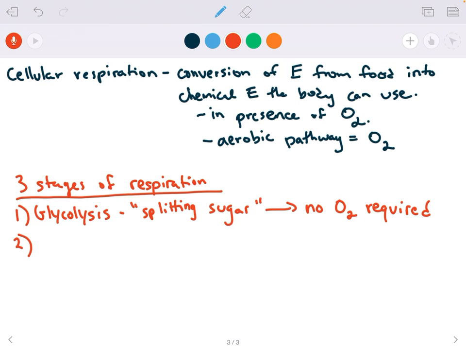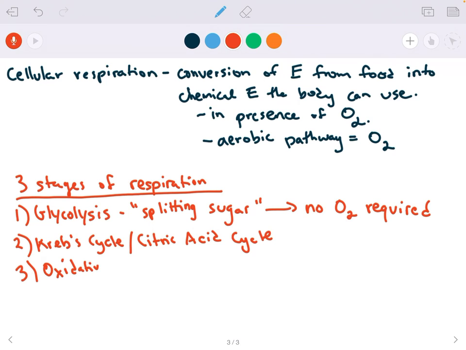Stage 2 is what's called the Krebs Cycle. That's what your book calls it, but it's also known as the citric acid cycle. Then step 3, it's a complicated word. Oxidative phosphorylation. But to break it down, oxidative, in the presence of oxygen.